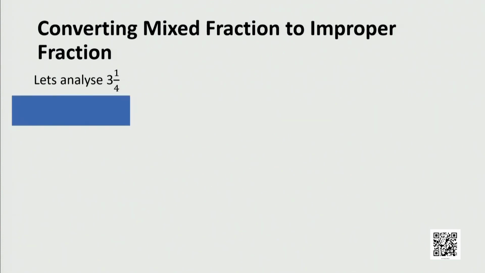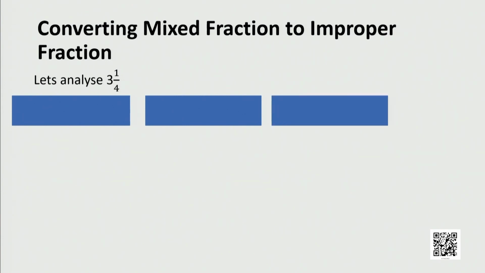Let us visualize it. I have 3 rectangles of the same size and a quarter of that rectangle. So 3 and a quarter is represented by the diagram. But I want every expression to be in the form of quarters. For that, what are we going to do?